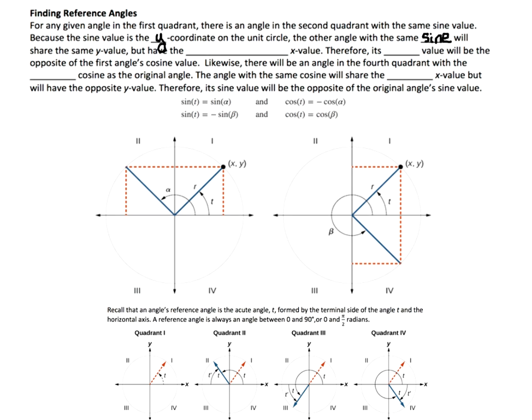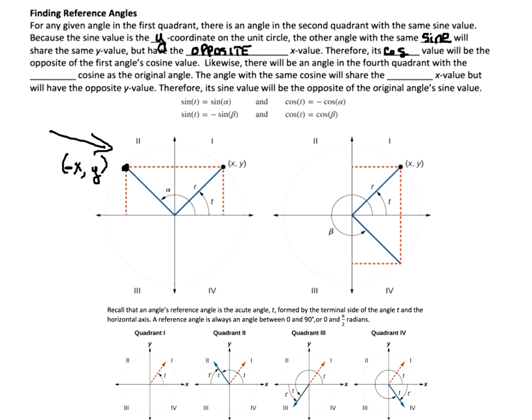That pretty much goes to say. But it's going to have the opposite x value. So if we take a look at this first circle here, I know that this point right here is going to have the exact same y value, but it's going to have the opposite x value. That's all that jumbo mumbo at the top is saying. Therefore, its cosine value will be the opposite of the first angle's cosine value.